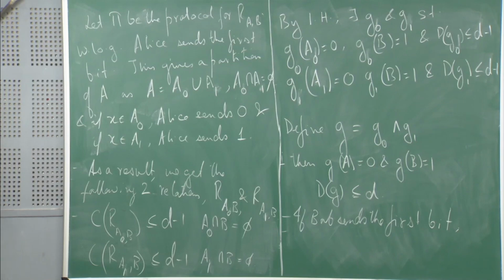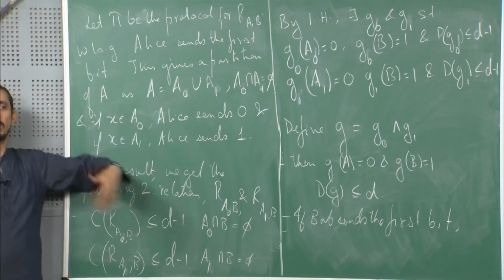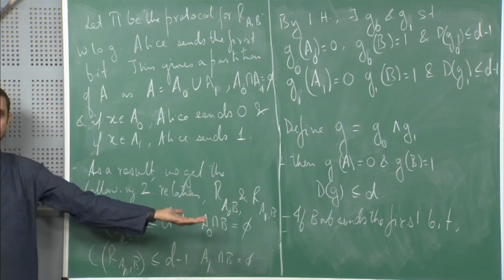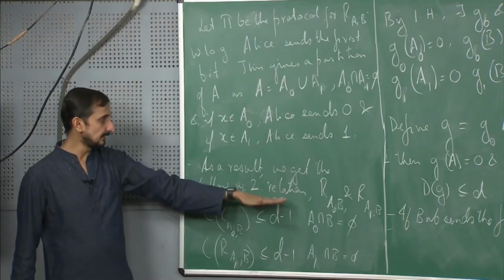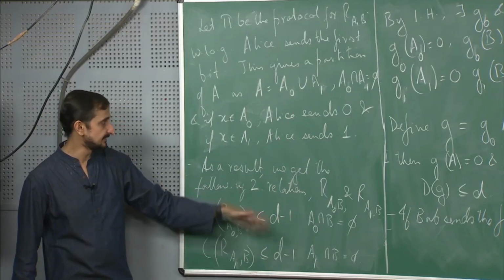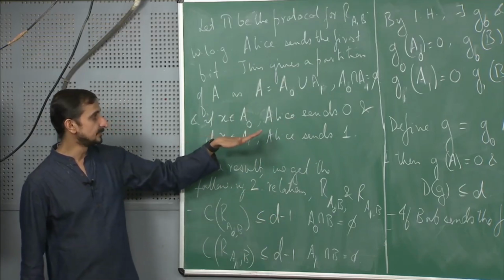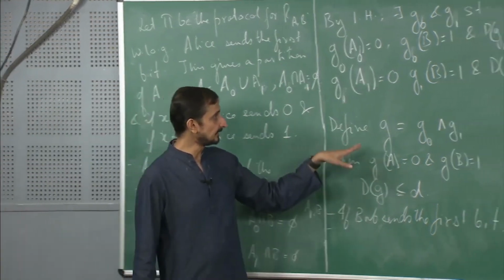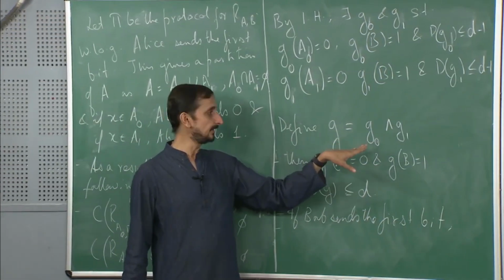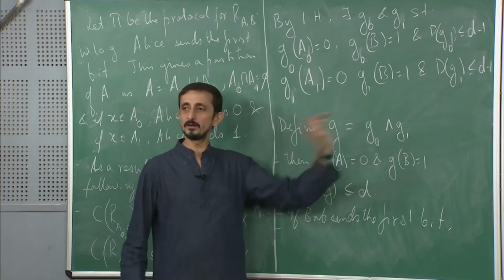Yes, it is symmetric, but what exactly do you need to do? So now instead of A, B is actually getting split because it is Bob who is taking the decision. So B gets split. So we have a partition of B into B0, B1. So everything is the same here. So now if X belongs to B0, Bob sends a 0, else Bob sends a 1. And finally, the function G that you compute will be G0 or G1.